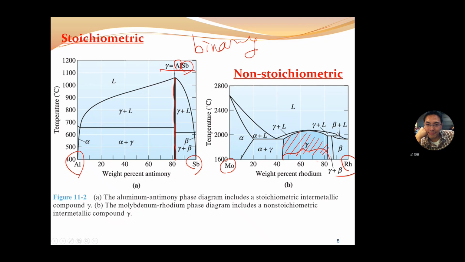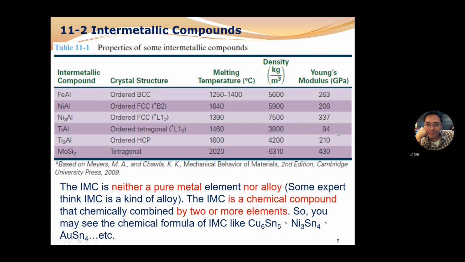Okay. So the table shows some properties of the intermetallic compound. So you can compare its structure, melting temperature and Young's modulus.